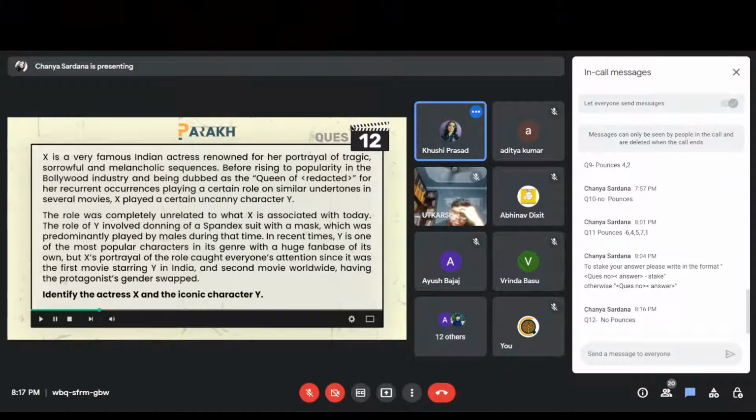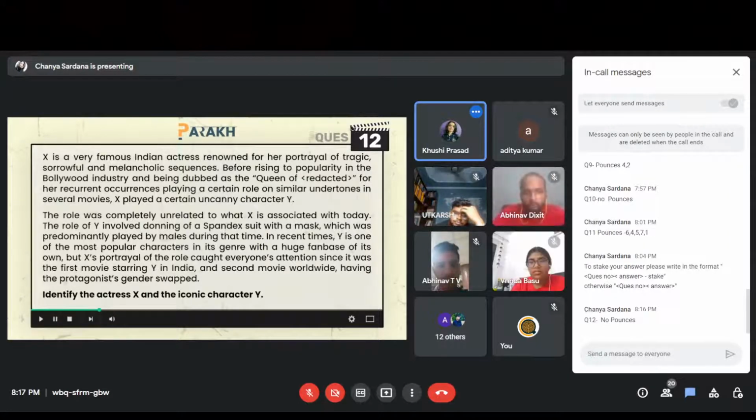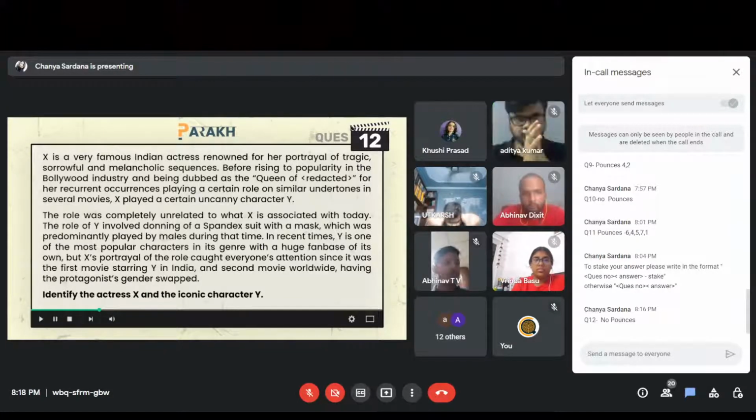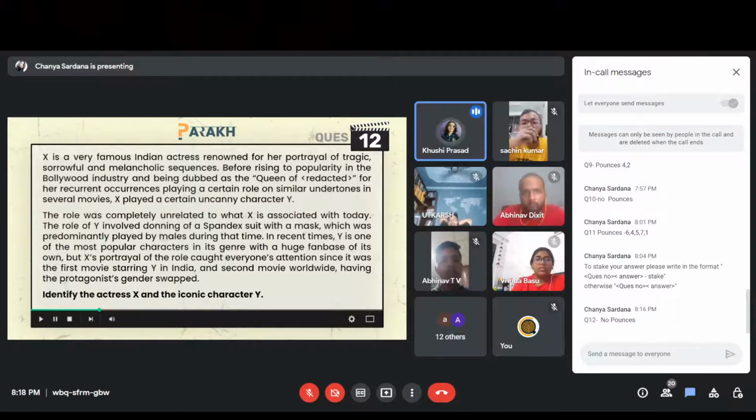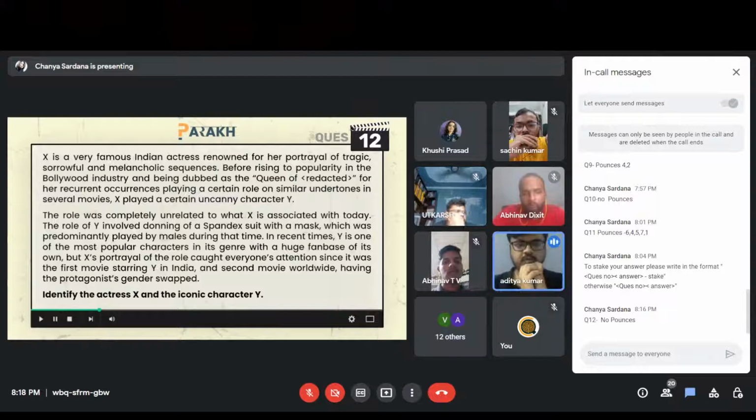Sharmila Tagore. And no guess for Y? Team 7? No. Pass. Team 6? For X, I'll go with Nirupa Roy. For Y, I will pass.